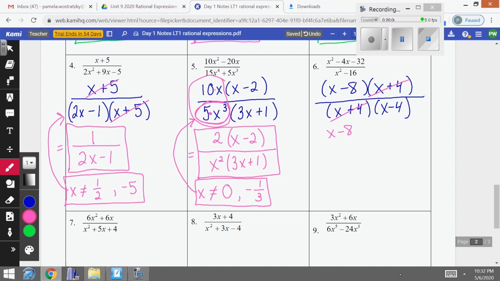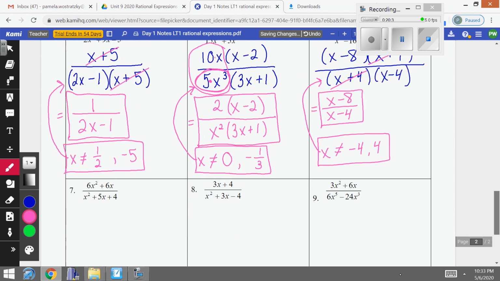I get x minus 8 over x minus 4. Can I divide this negative 8 and negative 4? Again, hopefully you said no. Stop asking me that because, again, you cannot do it when it's a sum or a difference. So x cannot equal from here a negative 4 and a positive 4. If you wrote plus or minus 4, that would be good there as well.